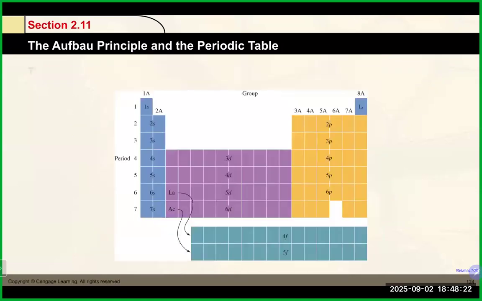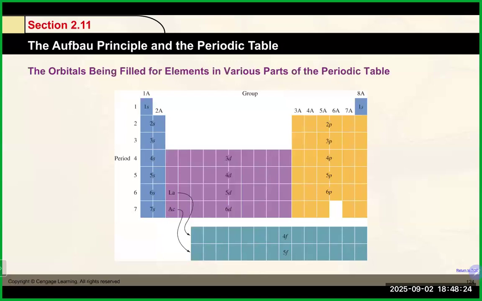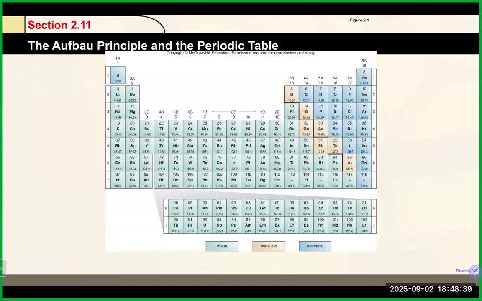All right, so let's talk a little bit about electron configuration and the periodic table here. On the periodic table, we have groups, which we use our representative numbering of the A numbering, as you can see here, where again we go 1A, 2A, 3A, 4A, 5A, 6A, 7A, and 8A.